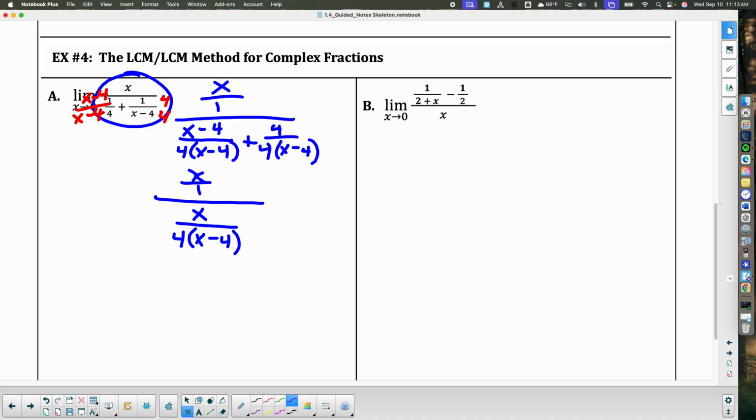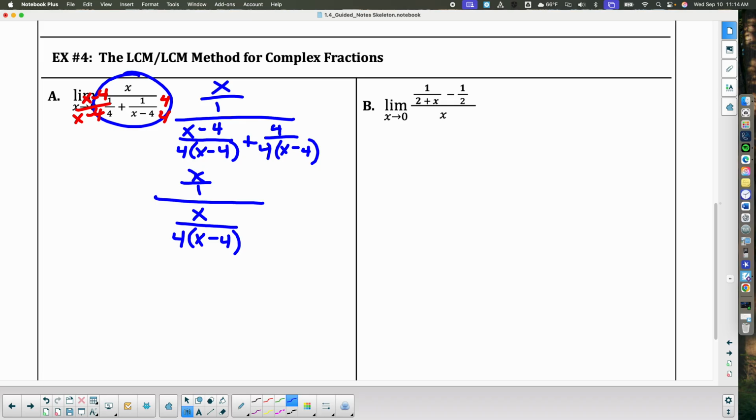But you are correct. Some of your prior teachers might have called it KFC, even though KFC doesn't fit. It's keep, change, flip. The middle school teachers call it KFC, even though it's KCF.